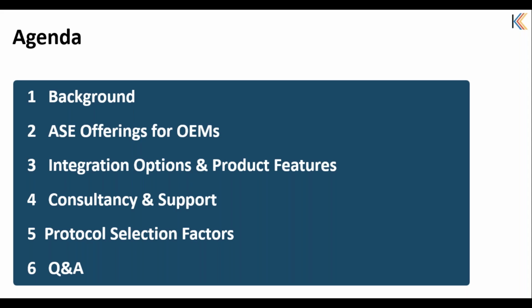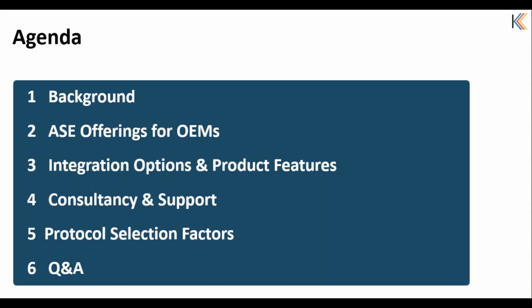We'll also discuss what integration options are provided and what the detailed product features are. We can also look into the detailed consultancy and support provided by ASCS to fast track the compliance and certifications for your product. And what protocols would be an ideal fit for the compliance at the moment can also be looked at the end of the session.